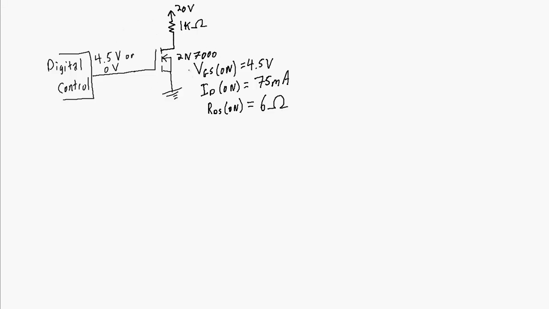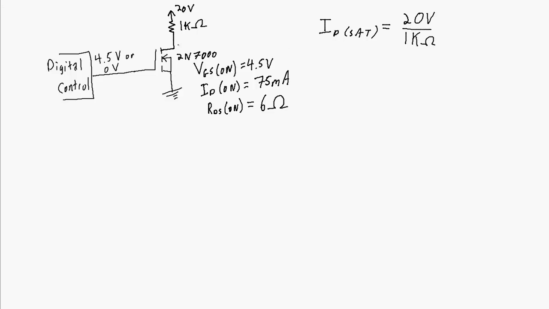So is this a good circuit? In other words, are we operating in the ohmic region? Well, the first thing to do is make your digital control the same as VGS on. In this case, that's true already. So the second thing then to do will be calculate the ID sat, which is 20 volts over 1 kilo ohm.